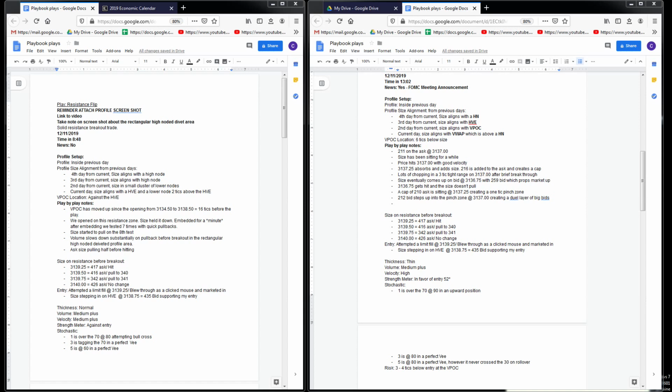Yeah, entry attempted. So the entry was attempted at 3137.25. So entry.